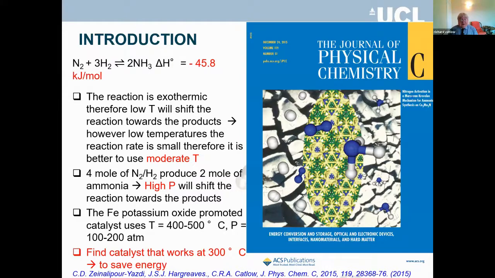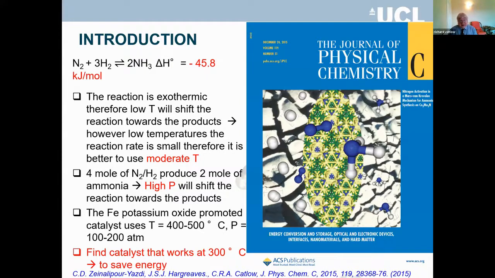Synthesis of ammonia is an absolutely key process. In fact, there is data to show that the nutrition of half the world's population is dependent upon ammonia catalytically synthesized from nitrogen and hydrogen.